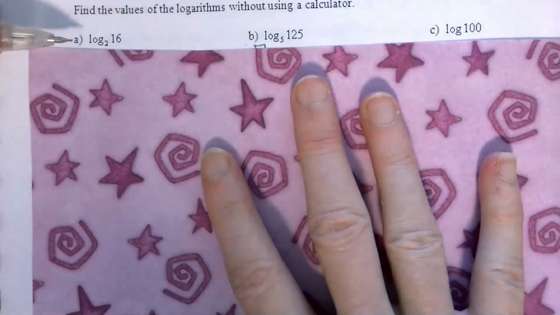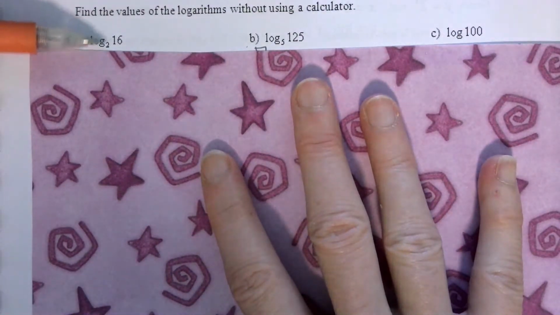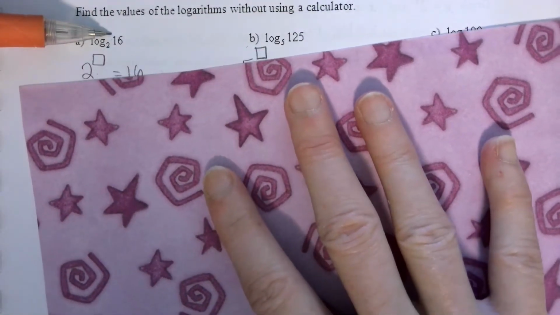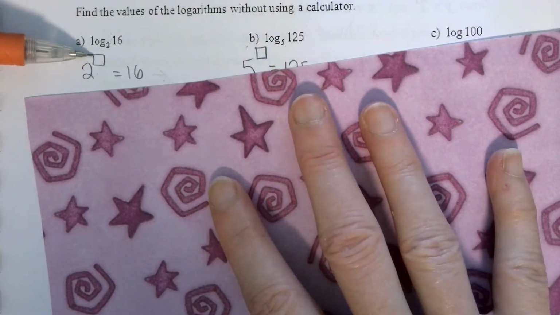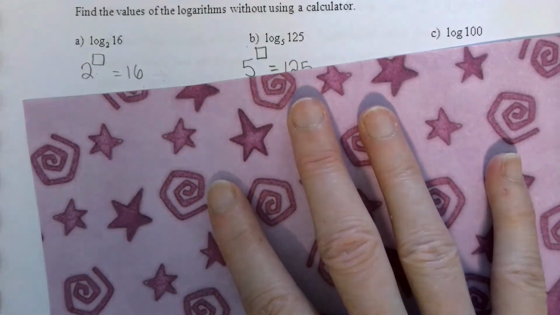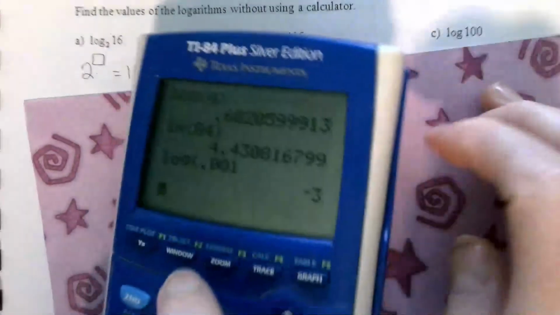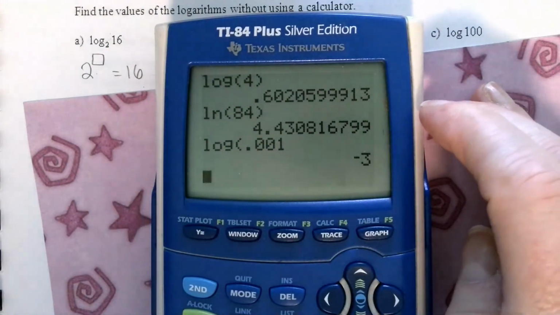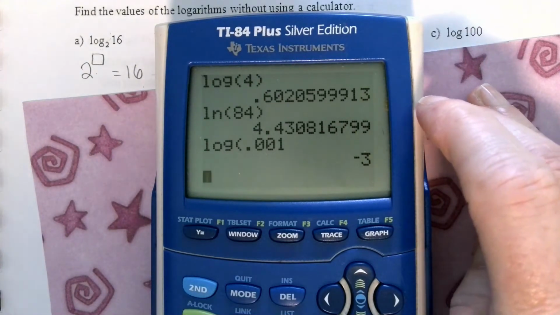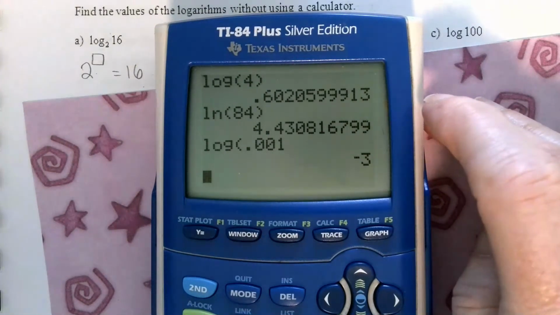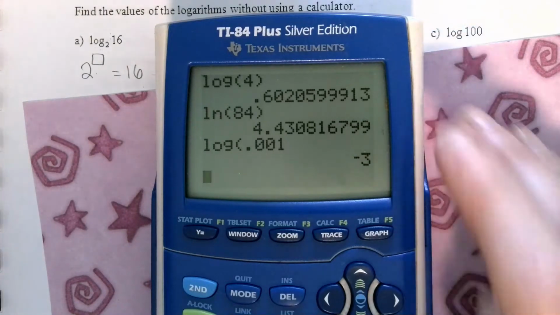That means 2 to what power gives me 16. So when I answer that, 2 to what power gives me 16, I'm going to try different values. It says without using a calculator, and what that really means is without your buttons there in the calculator.